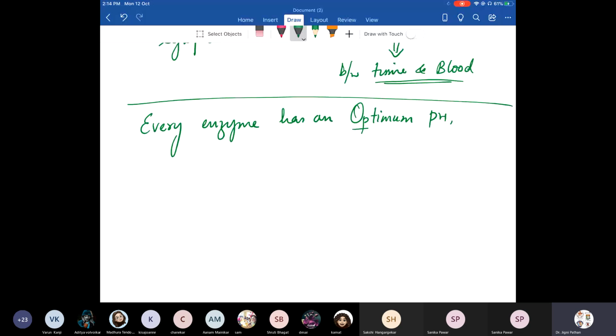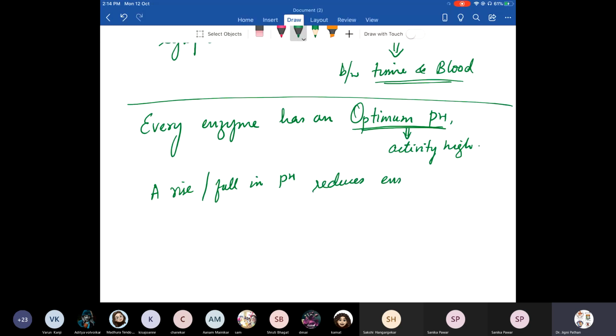Optimum pH means where the activity of the enzyme is high. A rise or a fall in pH reduces enzyme activity.